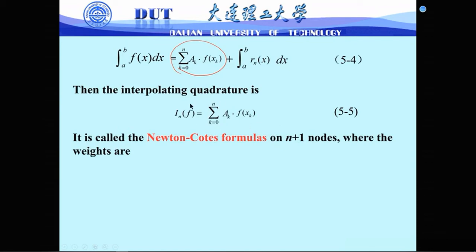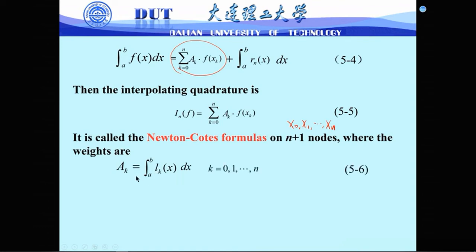Then we call this formula the Newton-Cotes formula on n plus 1 nodes, x_0, x_1 to x_n. And the weights a_k can be obtained by the integral of l_k(x).